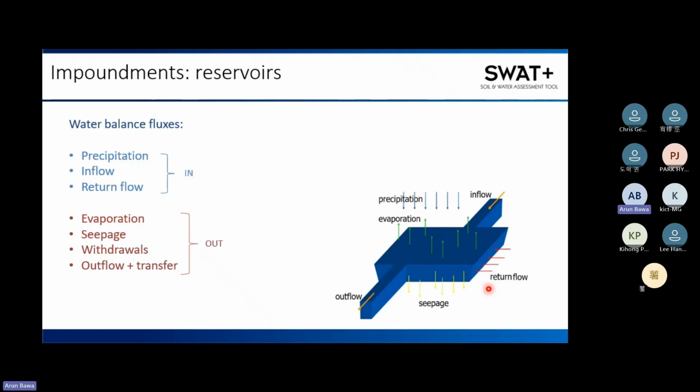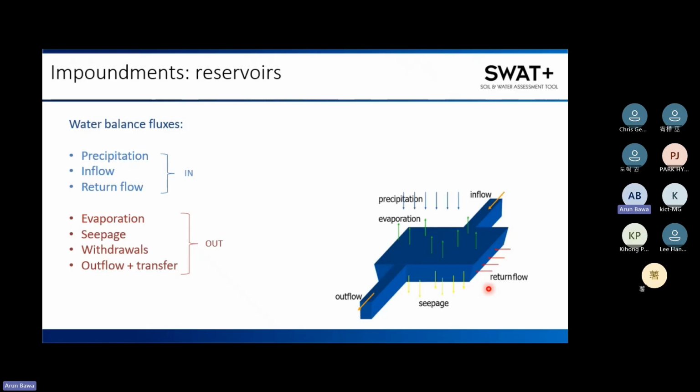Then we have a concept of decision tables. That is a lot of if-else scenarios. If this year is not under drought, then I will have more discharge. If I am facing a drought condition, then I will have less discharge from the reservoir.